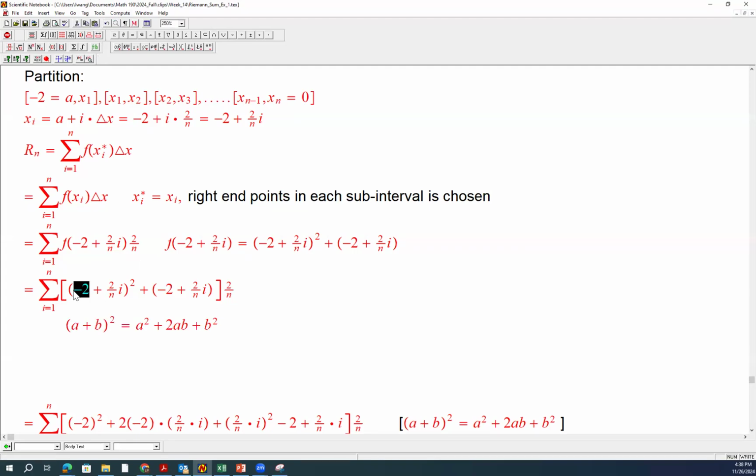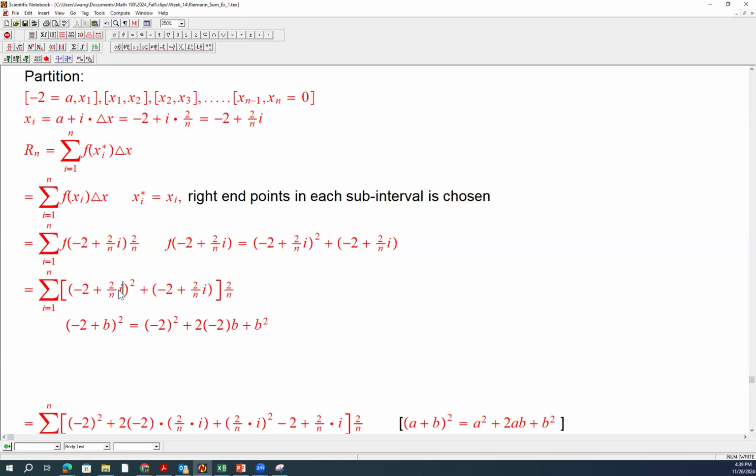This is a, and this is b. So a is -2. Everywhere a will be substituted by -2.